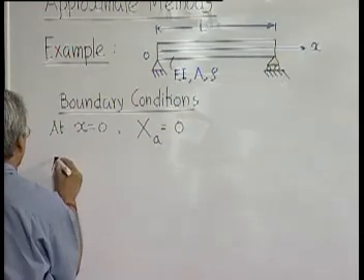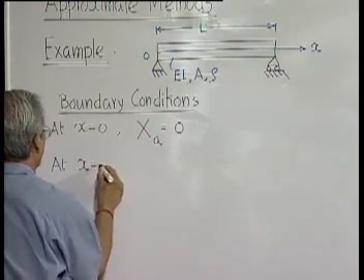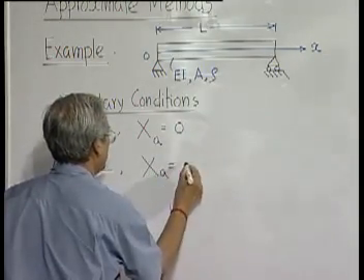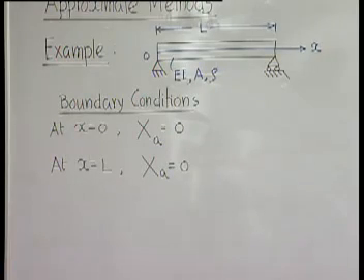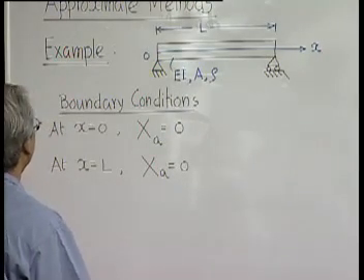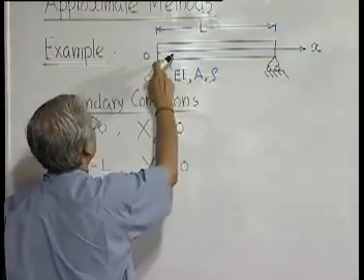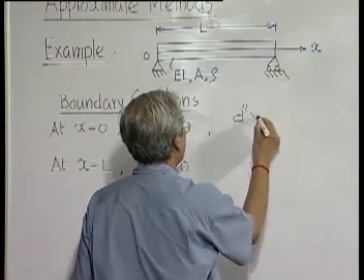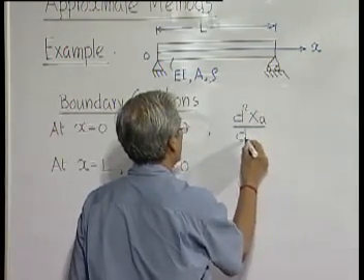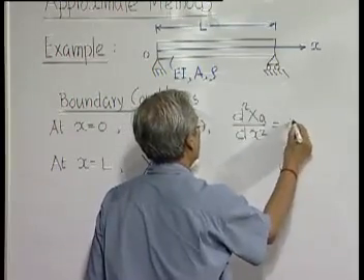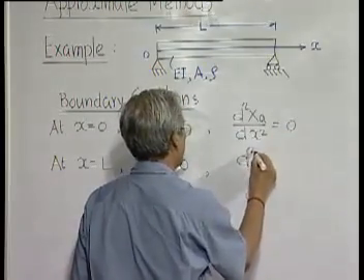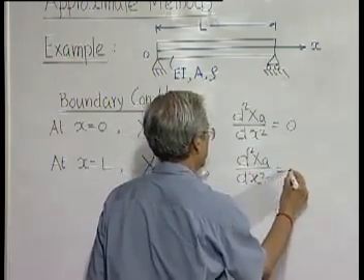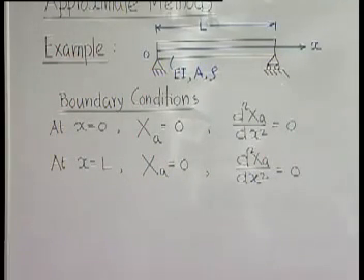Similarly, at x equal to L, at the other end, displacement is 0. These are the boundary conditions of geometric nature. The other boundary conditions: here again there is no moment acting. That means the second derivative of X, which is proportional to the moment, should also be 0, since it is simply supported at both ends. So these are the 4 boundary conditions.